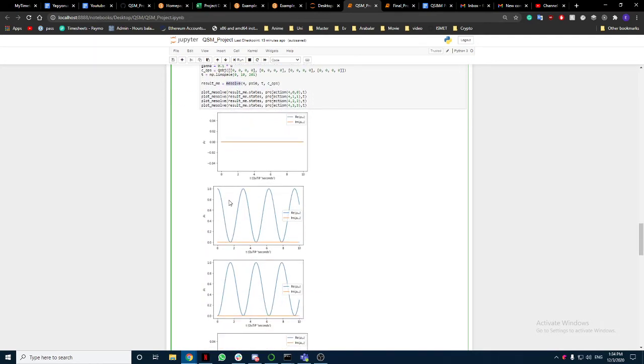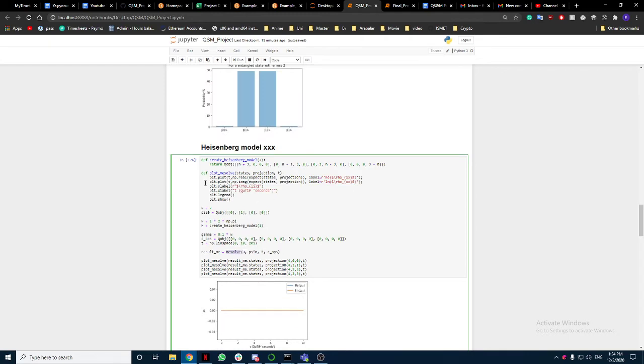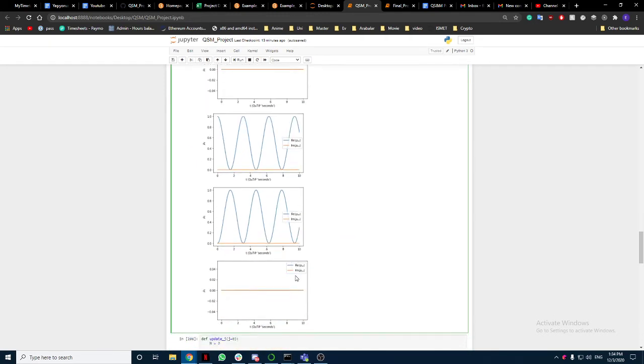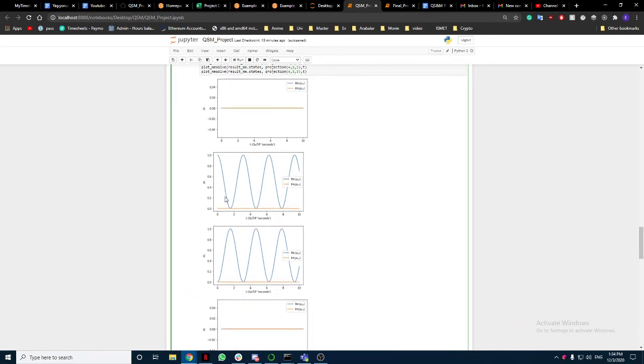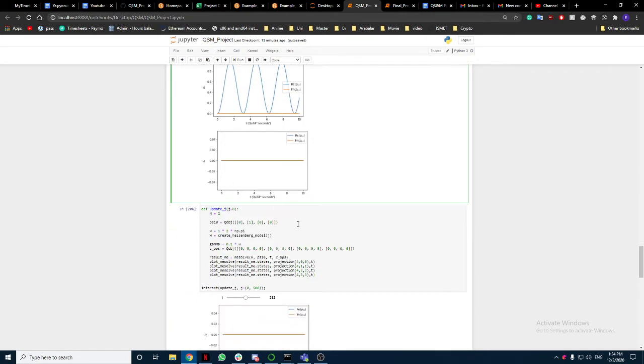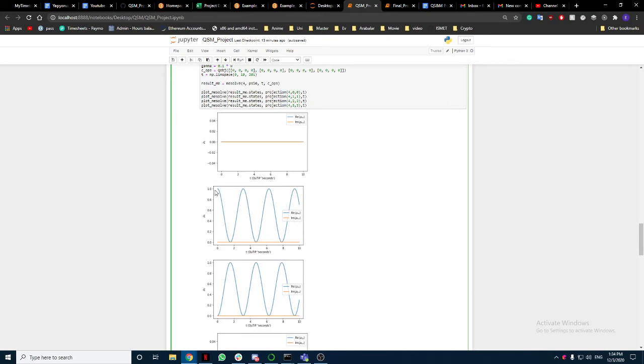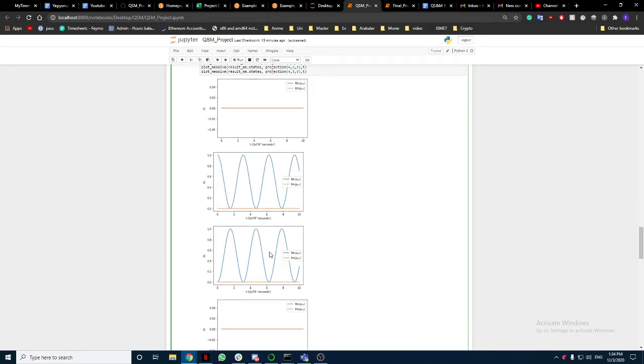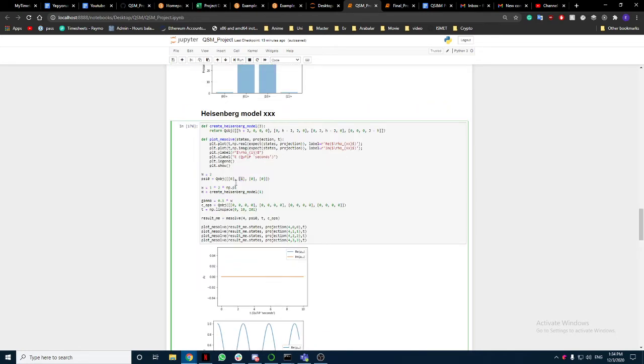Then as we can see, because of the input state that we are giving, 0,1, this graph shows the 0,0 state, 0,1 state, 1,0 state, and 1,1 state. And then we can see the oscillation in the 0,1 state. As the 0,1 state goes down, the 1,0 state goes up, and the oscillation moves on with time. The only reason that we are seeing the oscillation in these two is that our input state is 0,1.